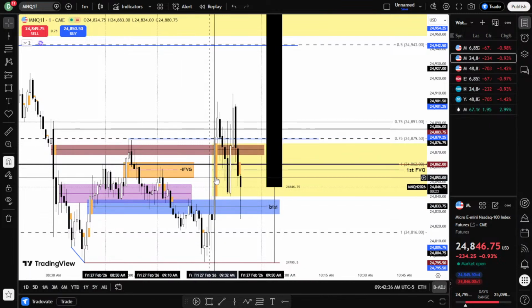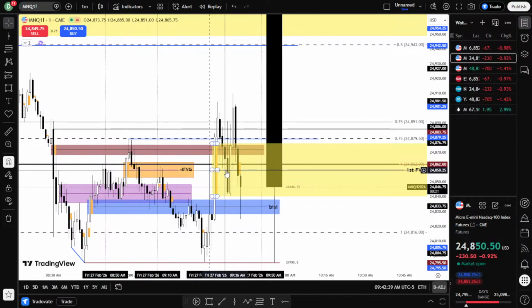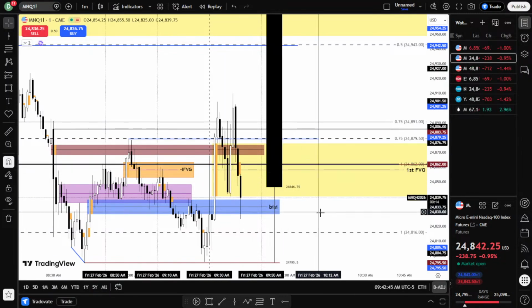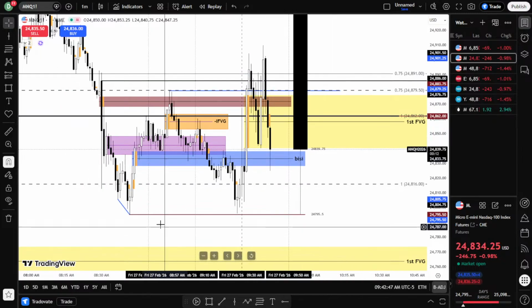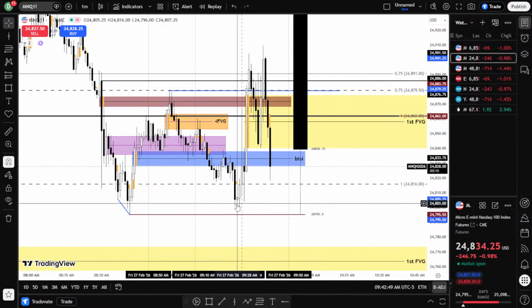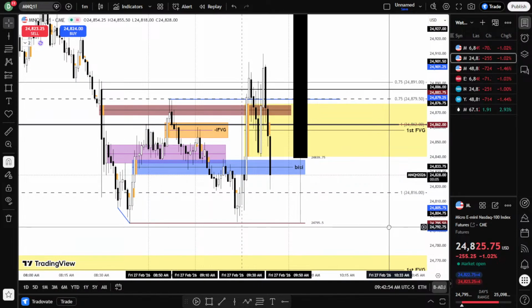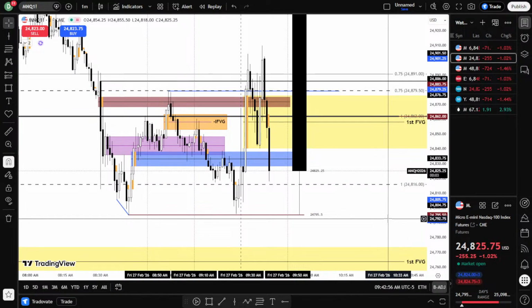I told you the midpoint of this inefficiency got compromised, so it is not useful for us to go long inside this right now. And this, I told you retail is thinking of as the support and they are attacking that. Look at that.